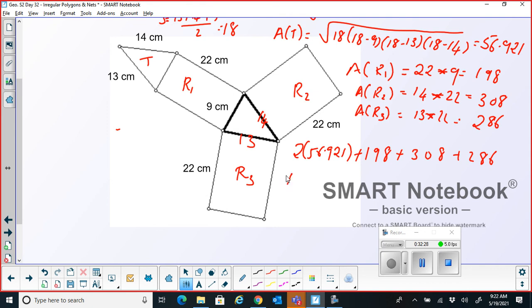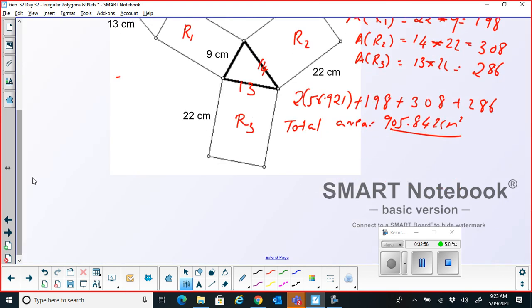So total area is 905.842 centimeter square. At least you should have got 905.8. There might be a few differences based on rounding for the second and third decimal. Okay, let's move on to the next slide.